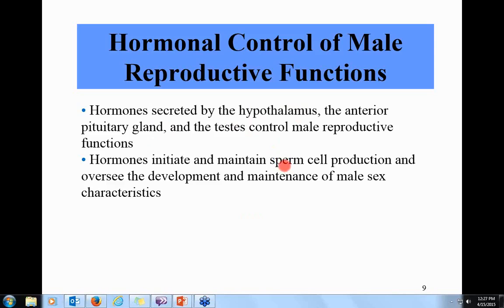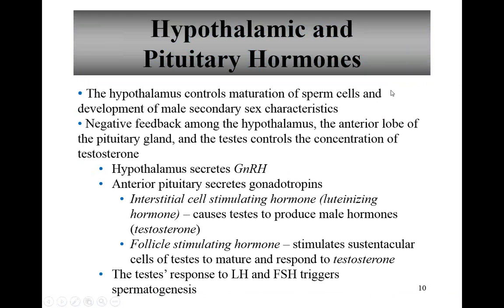And these hormones are going to maintain sperm cell production and maintain the development and maintenance of male sexual characteristics, such as facial hair and a narrower waist and things that we associate with males.